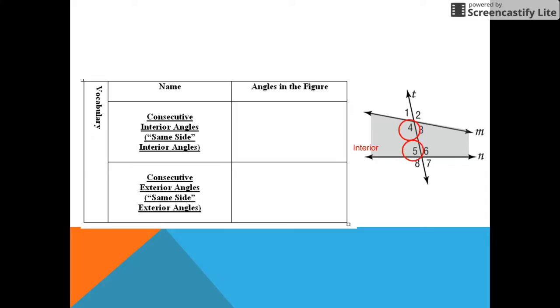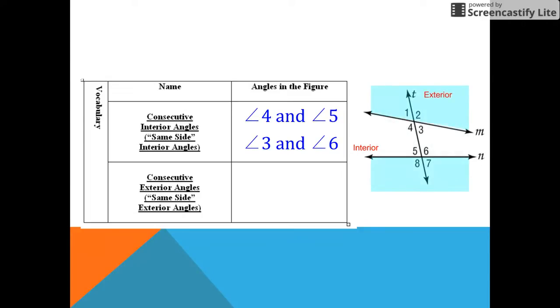So that's pairs like 4 and 5, or 3 and 6. Then consecutive exterior angles, the only difference is they're exterior. So now these are angles that are outside the two lines that are roughly parallel. And then they need to be on the same side. So these are pairs like 1 and 8 and 2 and 7.